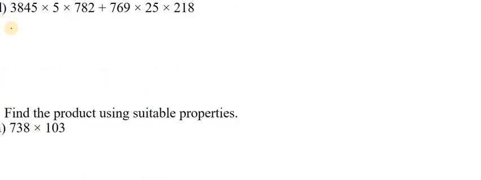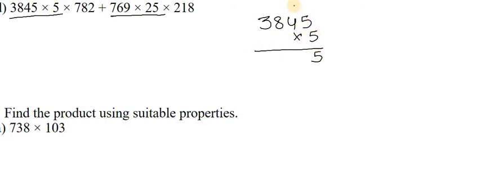So here we are going to take common 3,845 into 5, and here 769 into 25. If you multiply, what number you will get is 5 5s are 25, 5 4s are 20 plus carry 2 22. 5 8s are 40 plus 2 is 42. 5 3s are 15 plus carry 4 is 19.